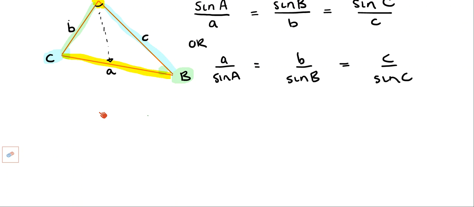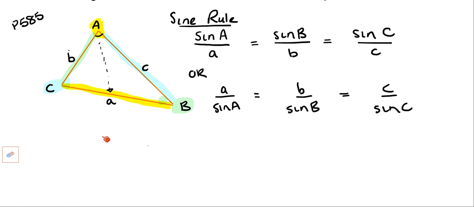Has anyone thought about that? Why might I want to do that? Maybe if you're looking for either the length of the line or the angle. So say if the sine's on top, you're looking for the angle, and then if the sine's on the bottom, you're looking for the length.